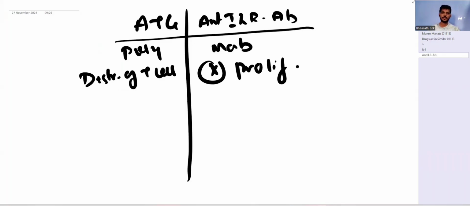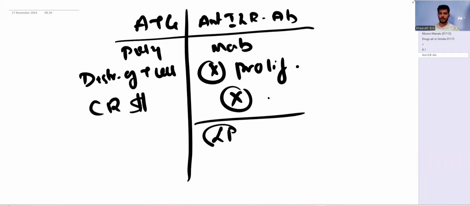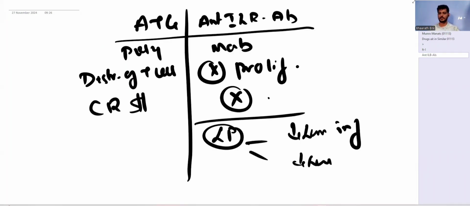So ATG is associated with cytokine release syndrome, and virtually there is no cytokine release syndrome here, because there is no destruction of T cells, only the proliferation is halted. And this is less potent compared to ATG. Because it is less potent, the risk of infectious complications is lesser, and there are lesser secondary malignancies.